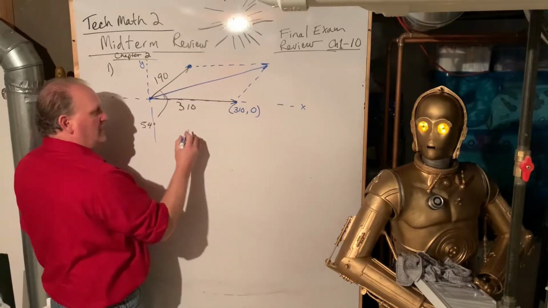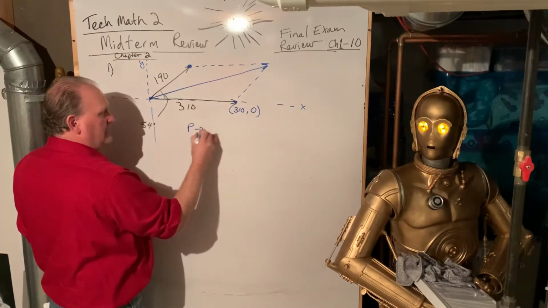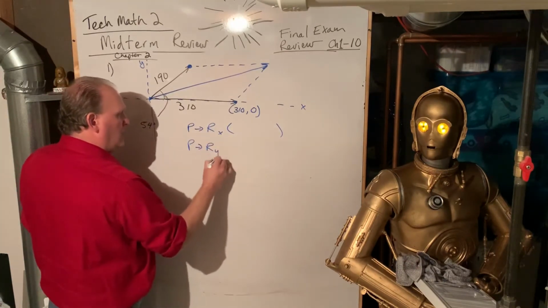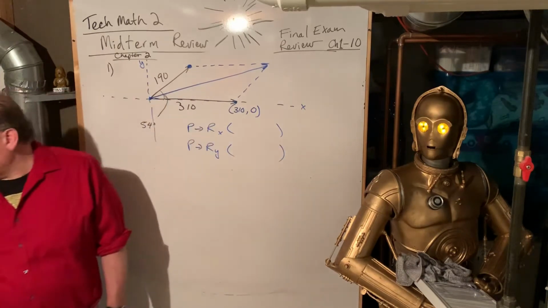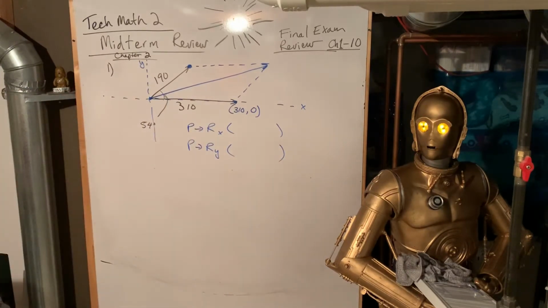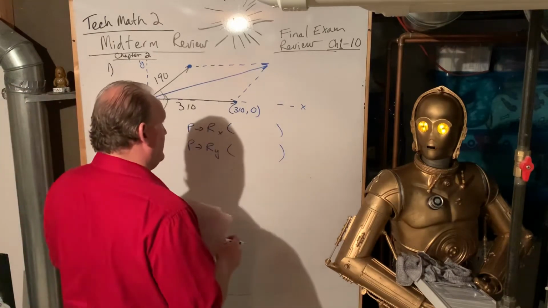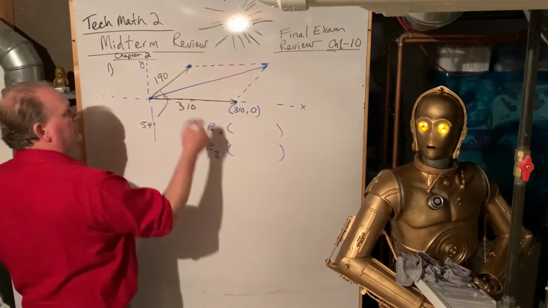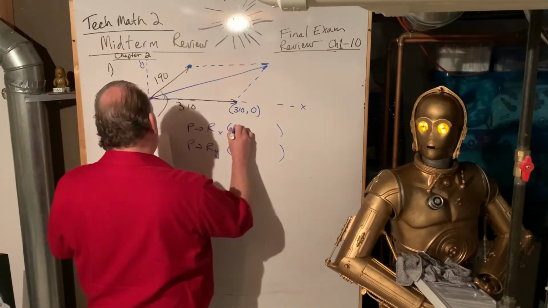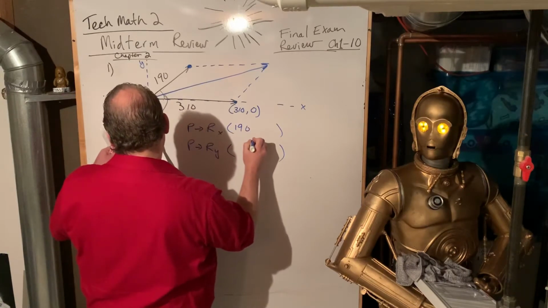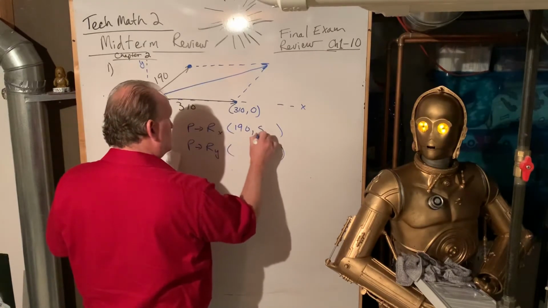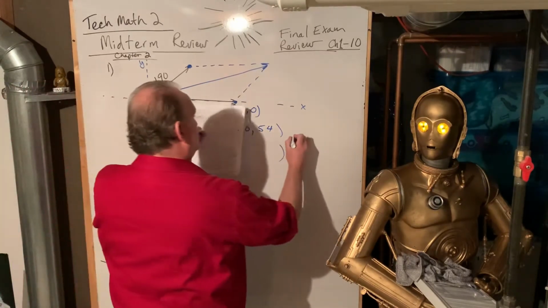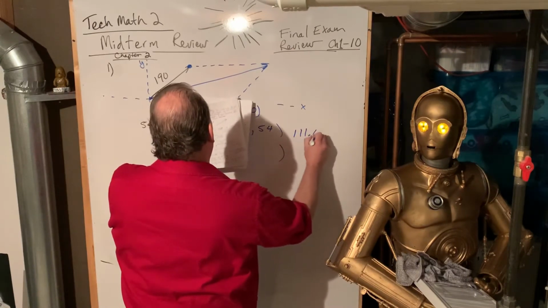So your calculator has polar to rectangular x and polar to rectangular y. Remember where that is. That's on second angle. You hit second, you hit angle, and then you go down to find polar to rectangular. And so we'll put in the 190, 54, and you hit enter, and that'll be for x 111.679.